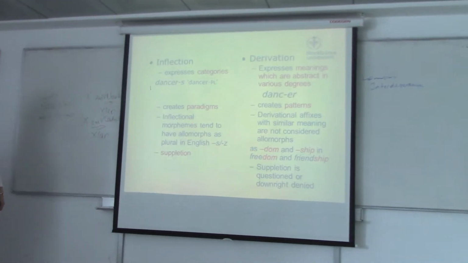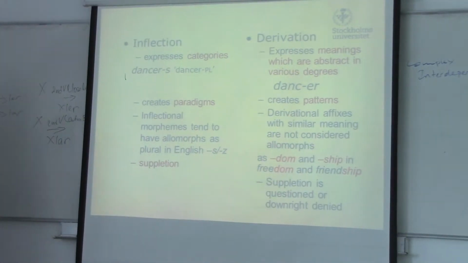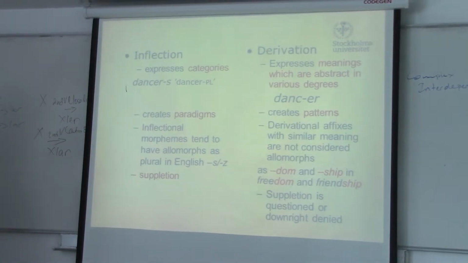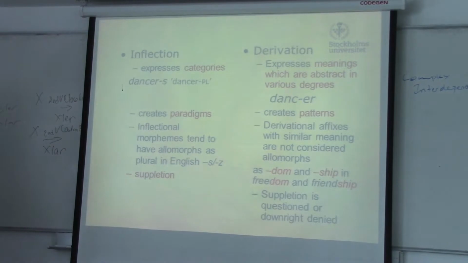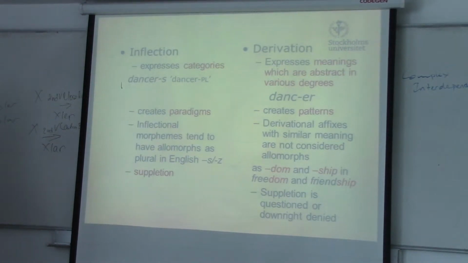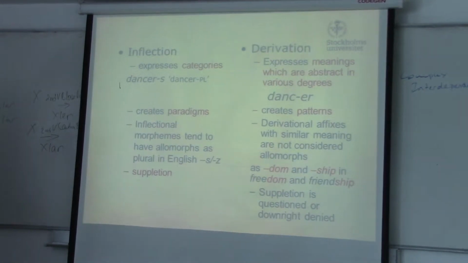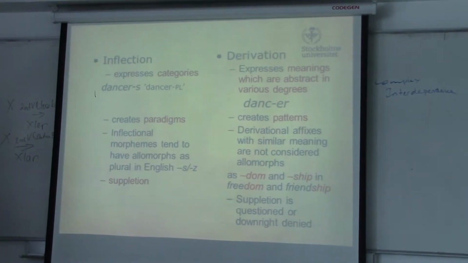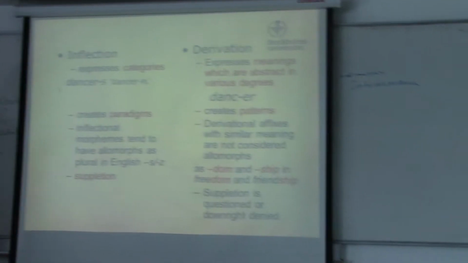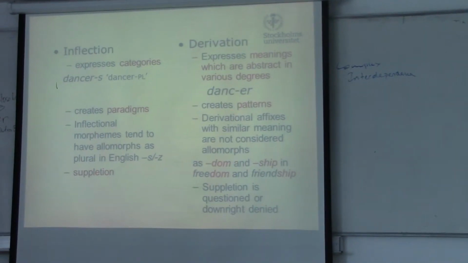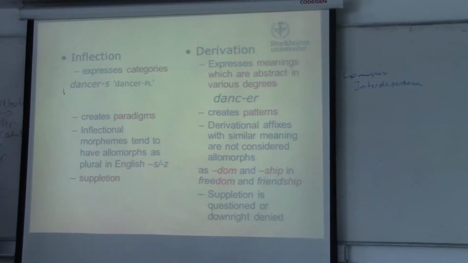In a crude way, inflectional processes will produce things like plurals of nouns. So they express well-established general grammatical categories. Here I've given you plural, later on I'll be talking about the past and things like that.